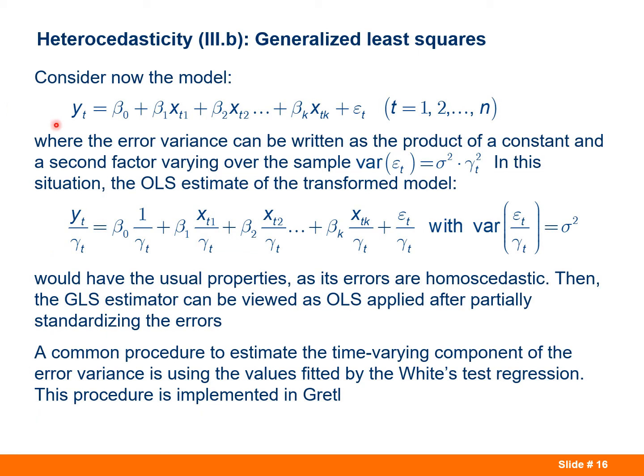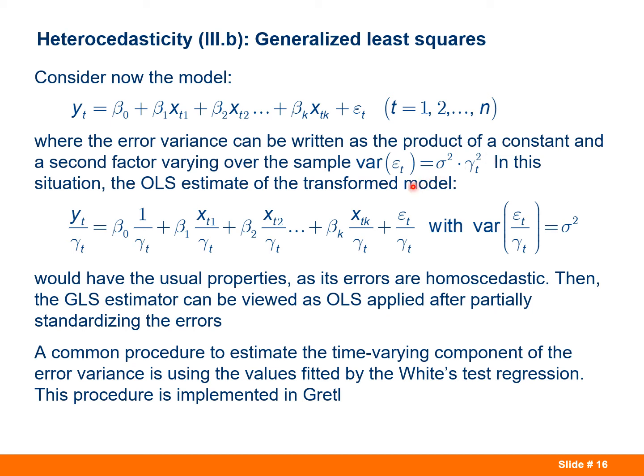Consider now a standard regression model, like this, in which the error variance can be written like this, so that we have a fixed factor, sigma squared, multiplied by a variable, gamma sub t, which is raised to the square power. I have done this just to visualize the fact that the variance must be positive. In this situation, we apply OLS to the transformed model, in which I divided each variable by gamma sub t, that is the square root of the varying factor of the variance of the error.